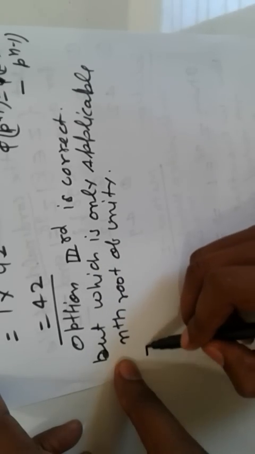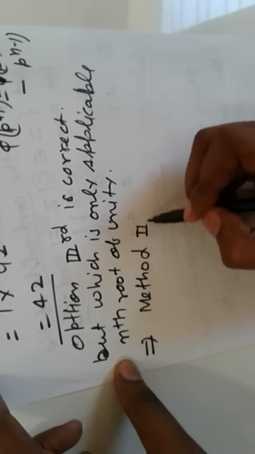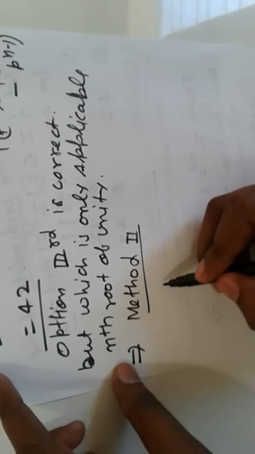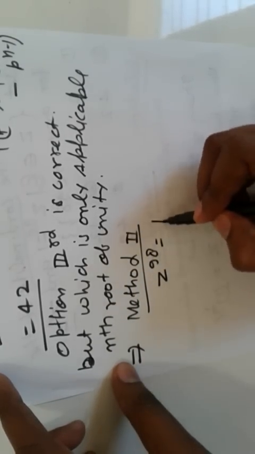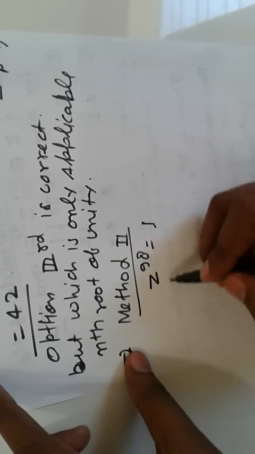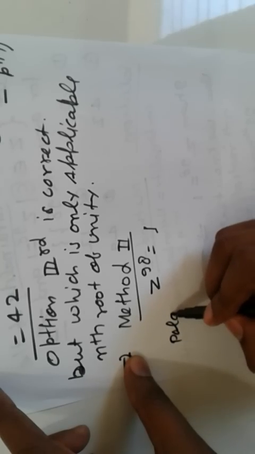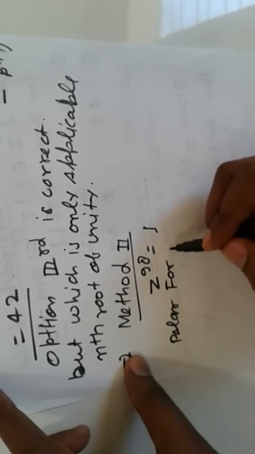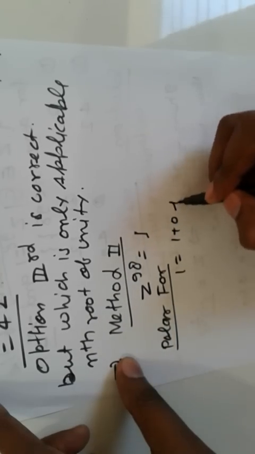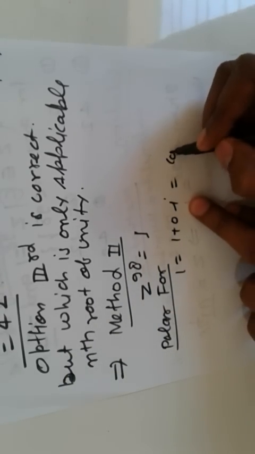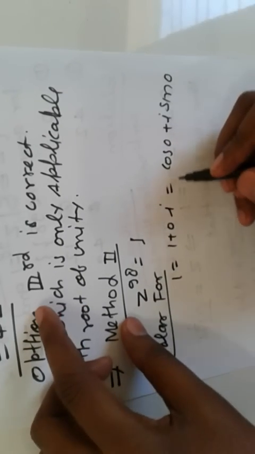Next, go to method 2. The given problem is z raised to 98 equal to 1. Write 1 in polar form. 1 equals 1 plus 0i, which can be written as cos 0 plus i sin 0.